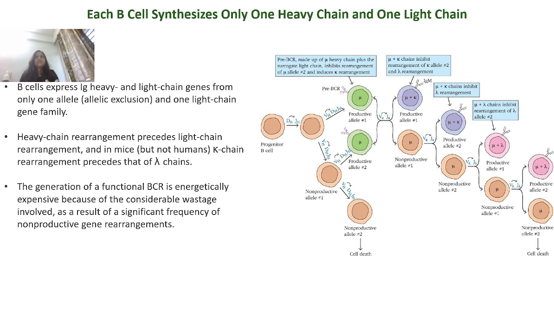There are two types of light chain, kappa as well as lambda. And in case of the heavy chain, there are five different types which can give rise to the five different molecules of antibodies.